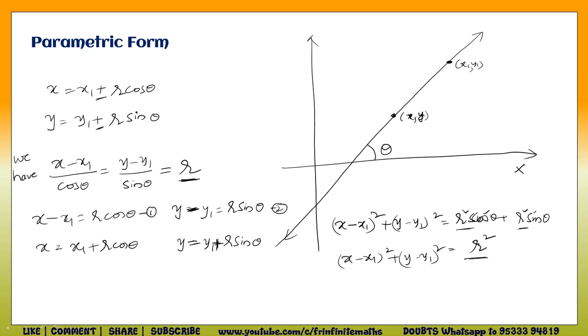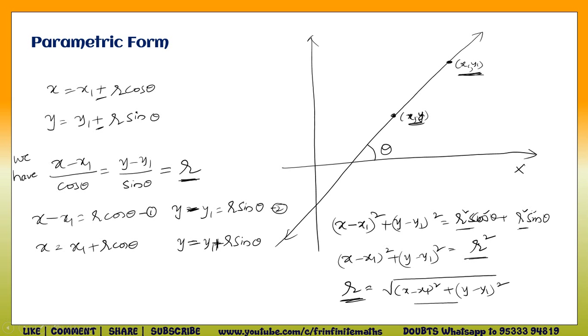Since I need the value of r, r = square root of (x - x1)^2 + (y - y1)^2. So r is nothing but the distance between the point (x, y) and (x1, y1).